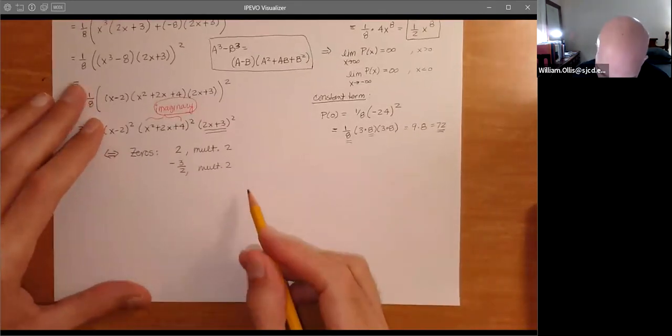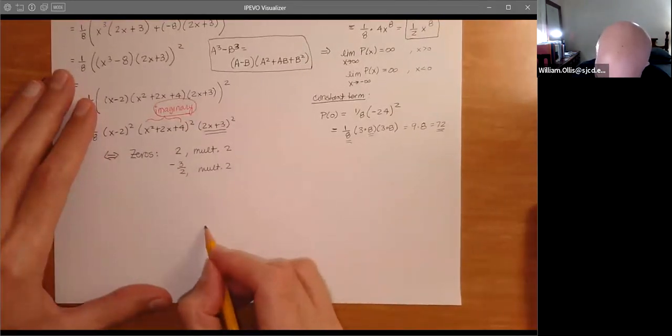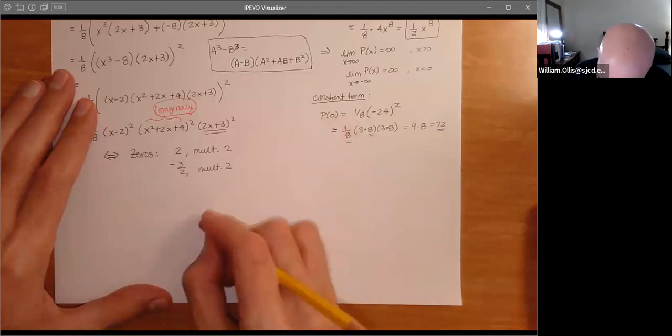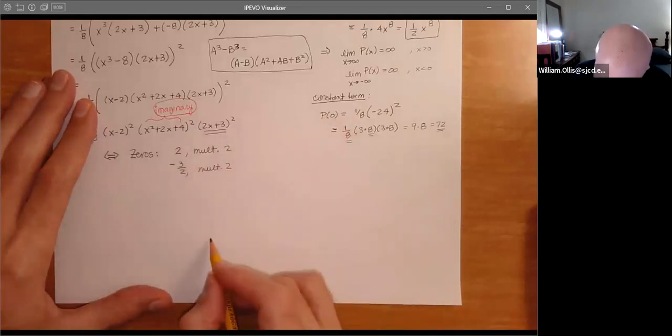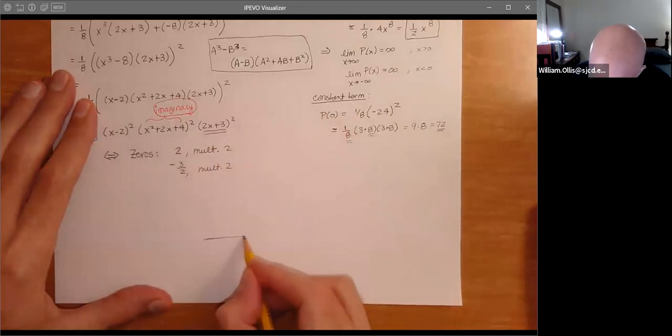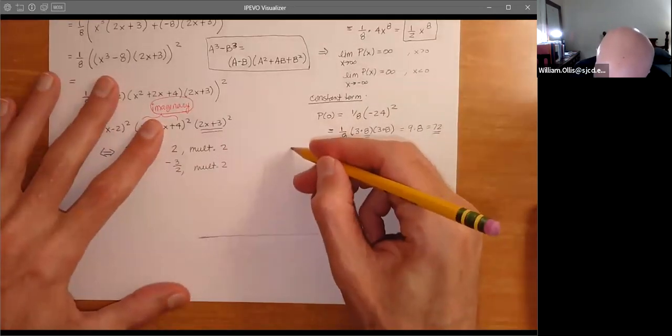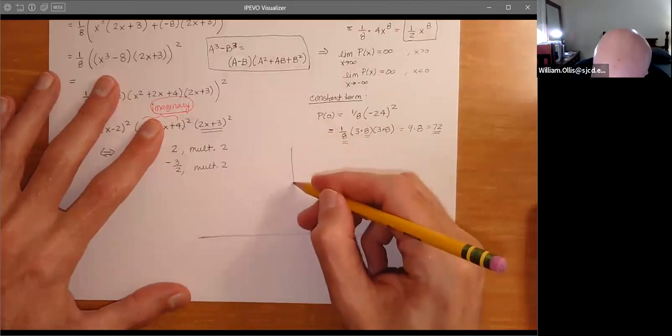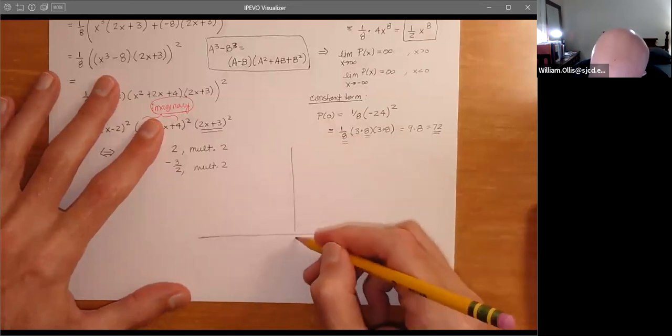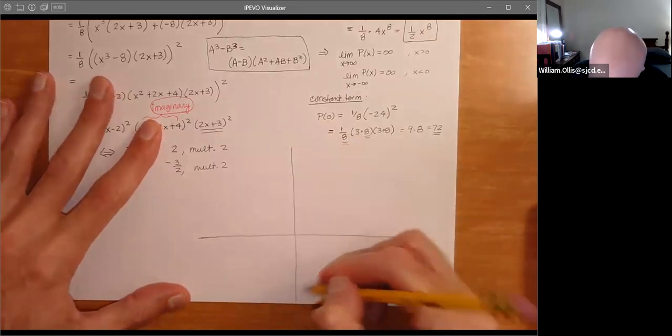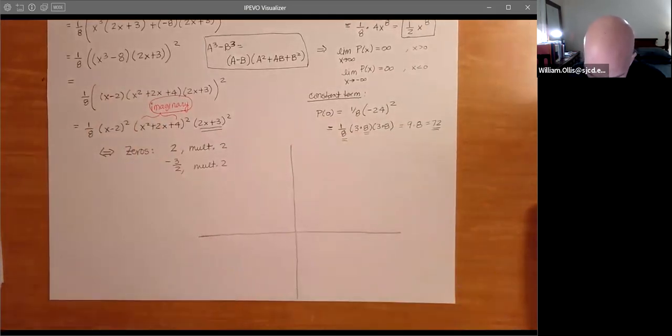And so let's go ahead and get a reasonable sketch. So I guess I don't have to worry about having many negatives. So I'll just go ahead and put the x-axis here. And we'll just scale the y-axis just to put in the 72 and not worry about it. We'll spread this out just so you can see it.